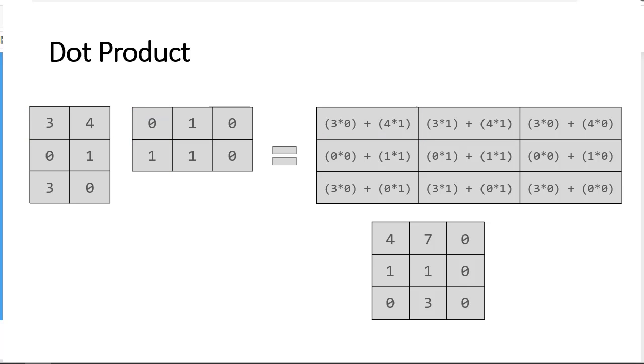Similarly, if I want to calculate this value, then it performs the same operation with the first row of the first array and the second column of the second array. So it performs 3 multiplied by 1 plus 4 multiplied by 1. And that's how we get all the values in this array.